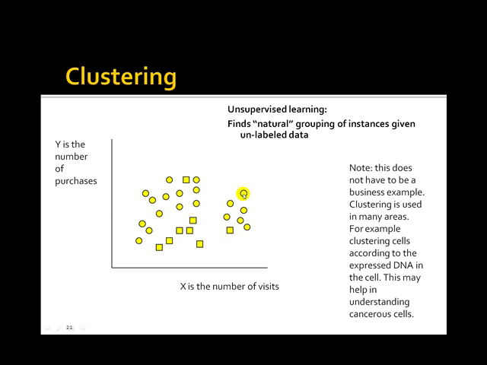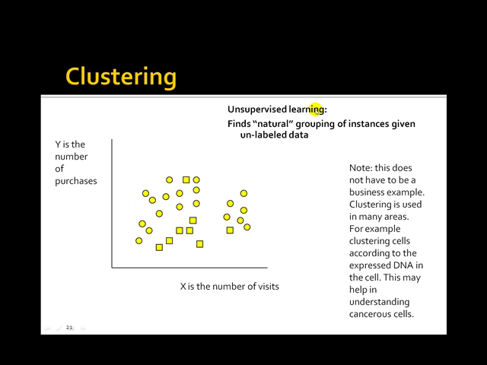Whereas this person has a large number of visits and a lot of purchases. On the other hand, this person has not many visits but a lot of purchases. So we like this person, right? Because every time they come to the store, they purchase a lot. Okay? So let's suppose we have that situation.